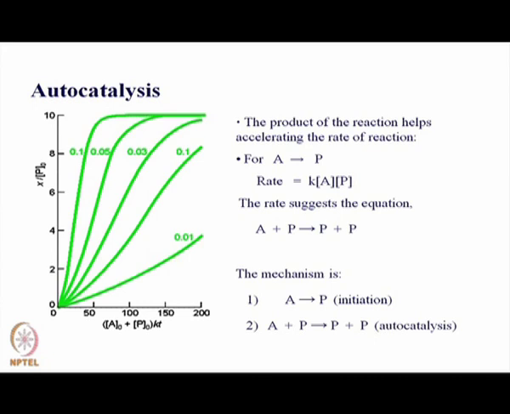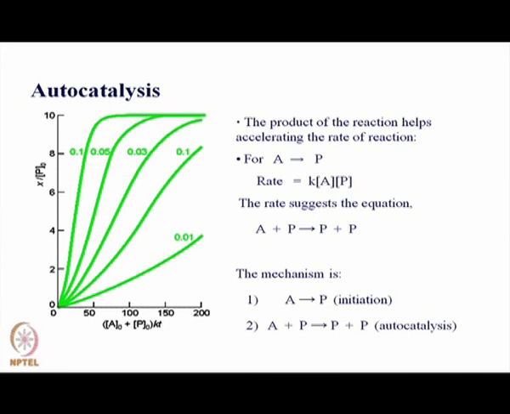And then the moment you add more permanganate, the color disappears fast. This happens because of the formation of manganese ion. Initially there was no manganese ion, but the moment it is generated, it acts as the autocatalyst for the reaction. So, the product of reaction helps accelerate the rate of reaction in autocatalysis.